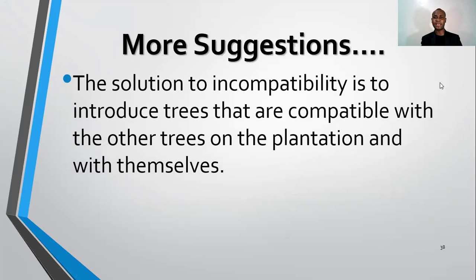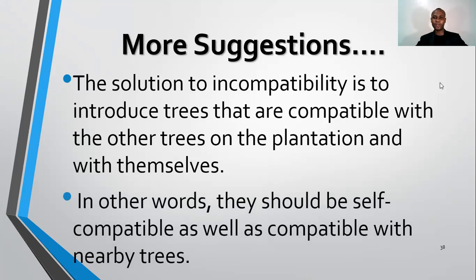So one way you can solve incompatibility is to plant trees that are compatible. In other words, they should be self-compatible as well as compatible with nearby trees.